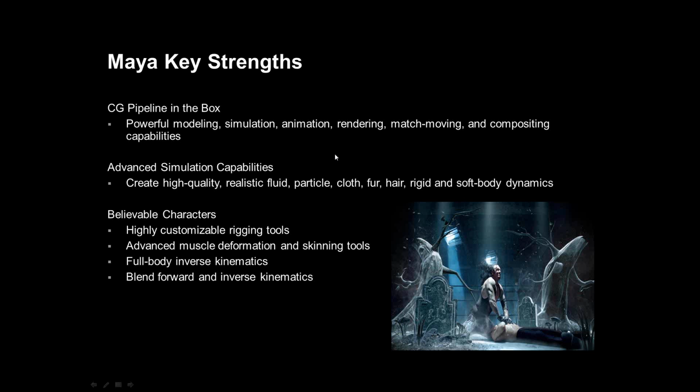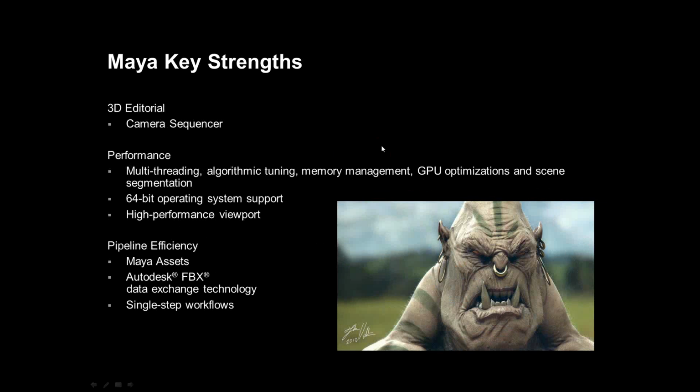So pretty much anything you need in regards to a whole workflow for creating something from scratch, from just a pencil and scan, and then convert it into an actual model that can later on be textured, lit, and then animated. In regards to Maya key strengths, other additional ones are in the way that you edit things. There's what they call the 3D editorial.